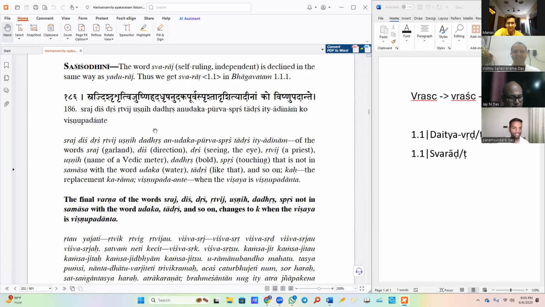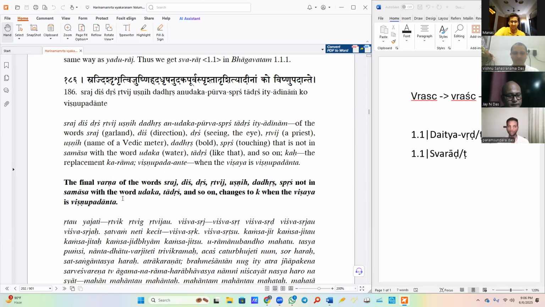Sraj Dish Drish Ritvij Ushnih Dadrish Anudaka Purvasprish Tadrish Ityadina Ko Vishnu Vedante. The final varna of the words Sraj, Dish, Drish, Ritvij, Ushnih, Dadrish, Sprish, not in Samasa with the word Udak, Tadrish and so on, changes to Karama when it is Vishnu Padanta.